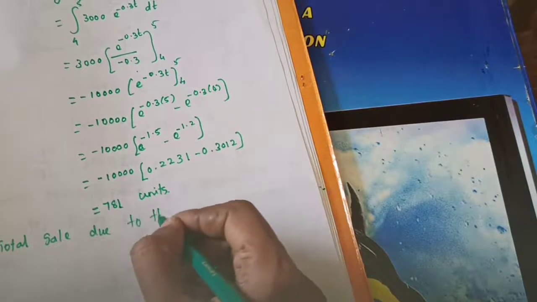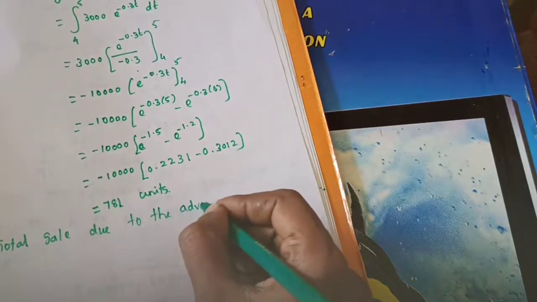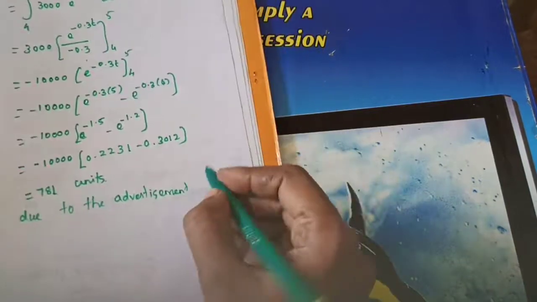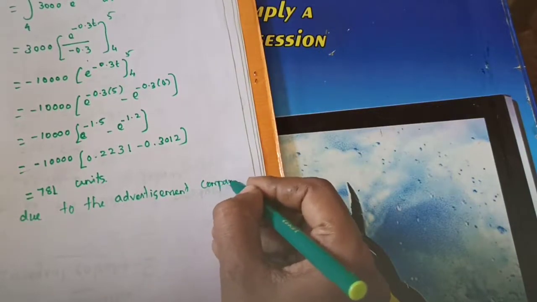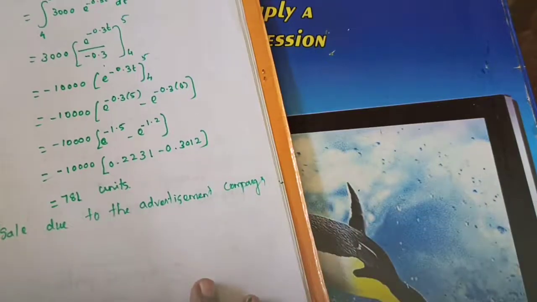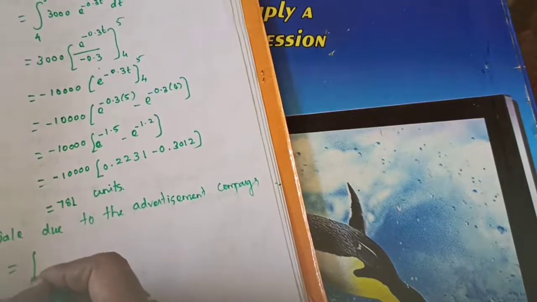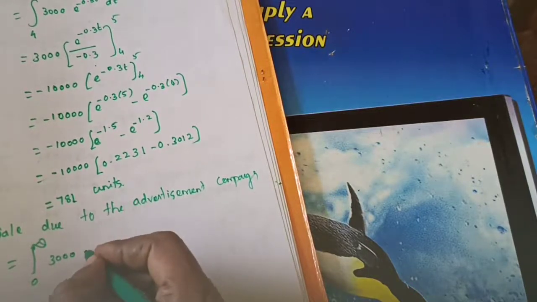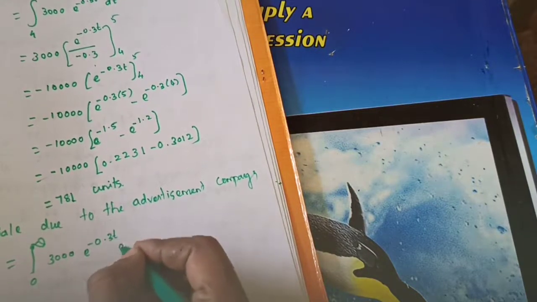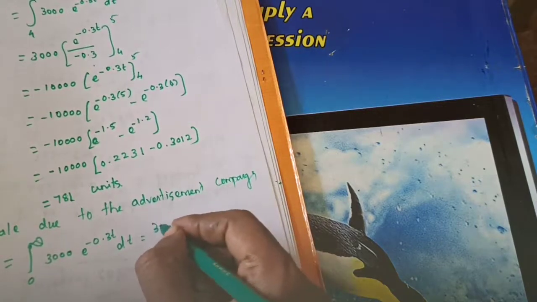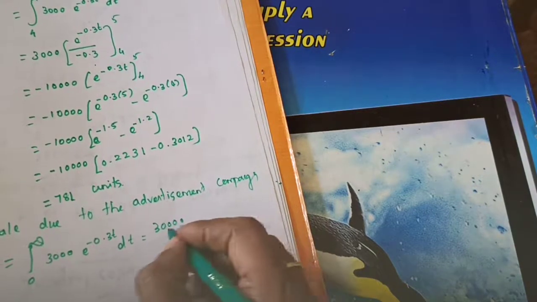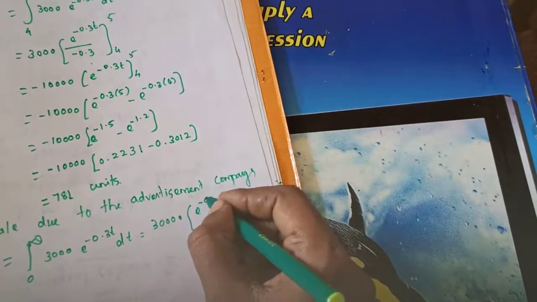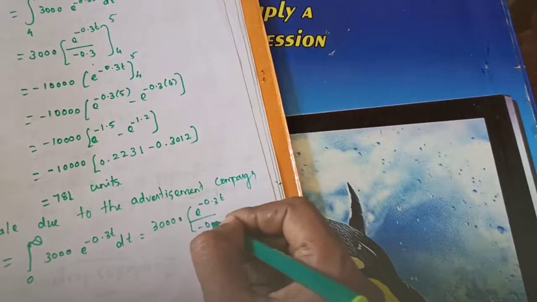total sale is the integral from 0 to infinity of 3000 e power minus 0.3t dt. Simplify this one, 3000. You will get e power minus 0.3t divided by minus 0.3.